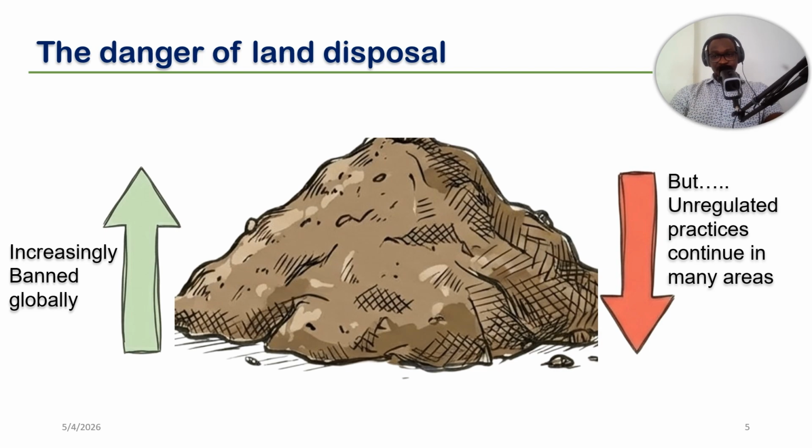So farmers who are using this have to be very cautious about the source of the products they use on their farms. It's not highly advisable to use untreated human waste on the farm, because of the associated risks with pathogens.